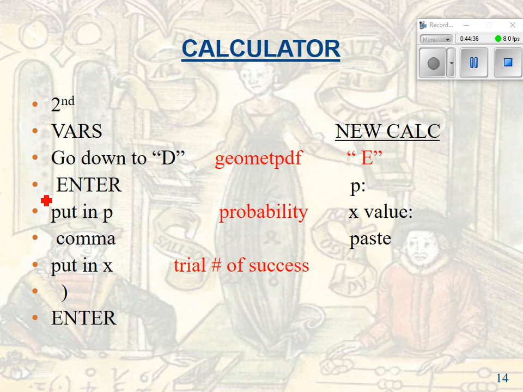So again, you might want to write up here, this is the geometric stuff, so that you don't get them confused. You had the geometric, you had the binomial.